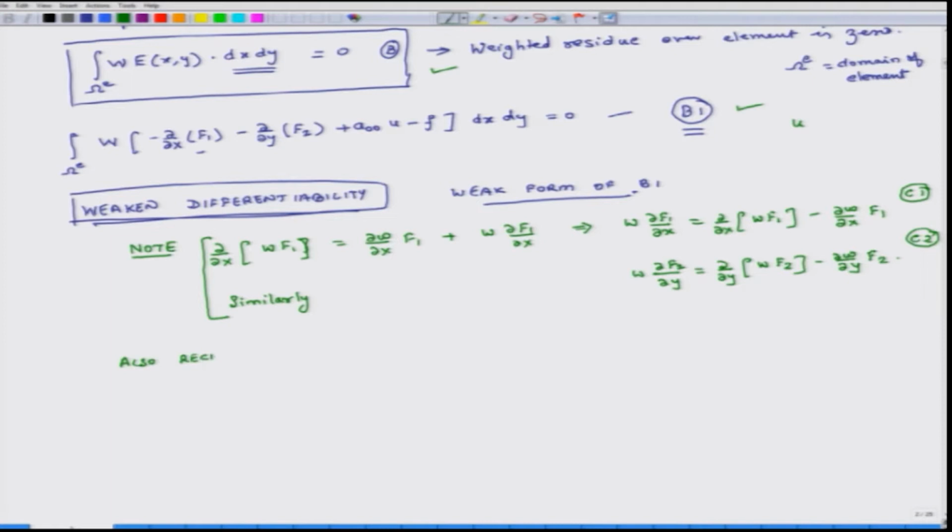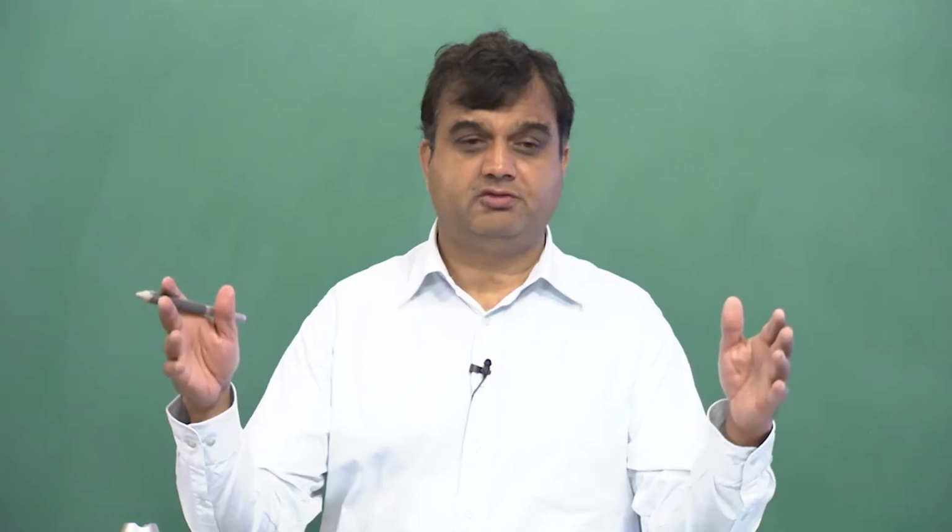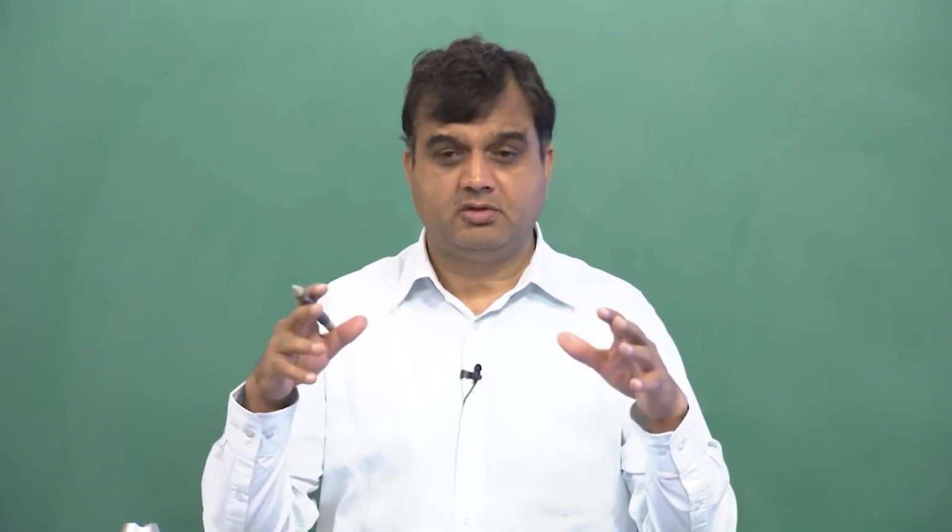Also, recall the component form of the divergence theorem. Some people also call it the gradient theorem, and the same theorem can be expressed in a vector form or in a scalar form.